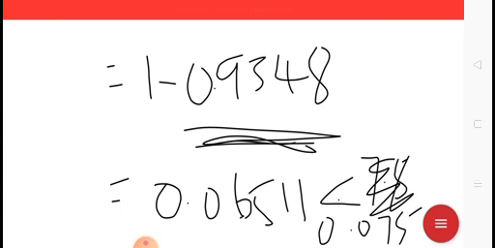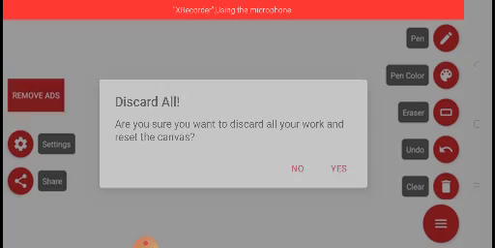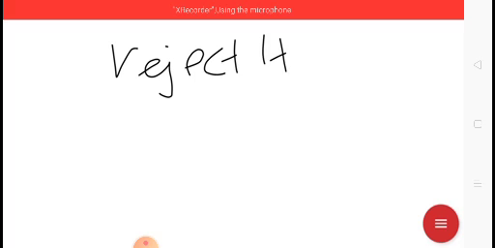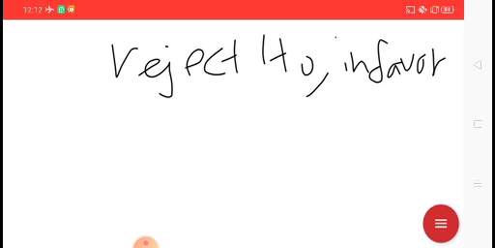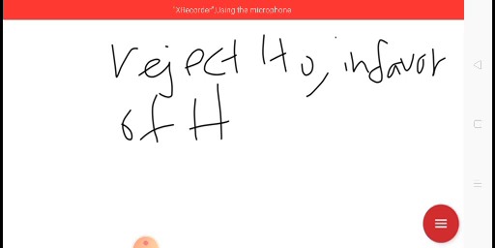So if smaller, this is in the critical region, right? If in the critical region, it means reject H naught in favor of H1, right?